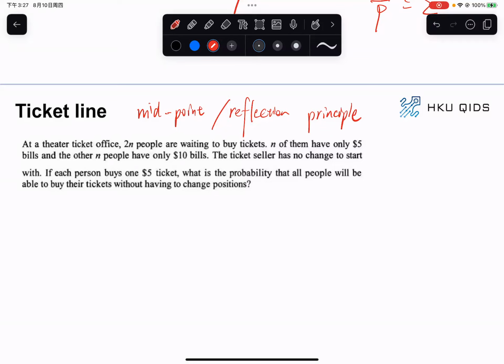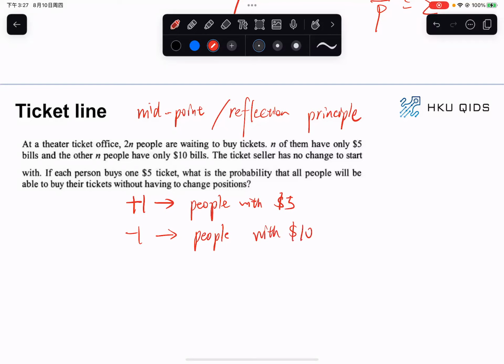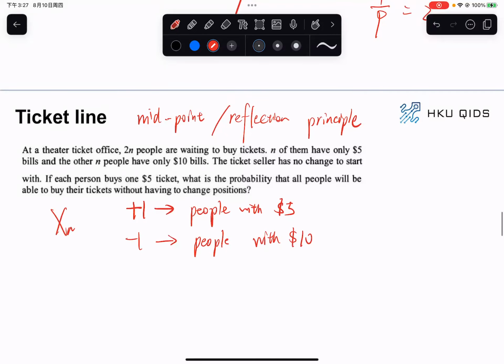So we can put +1 for people with $5 and -1 for each person with $10. And we combine this as X. And now since there are n people with $5 and n people with $10, it becomes what? A symmetric simple random walk, right? And for these 2n steps, we need to choose n steps as +1.